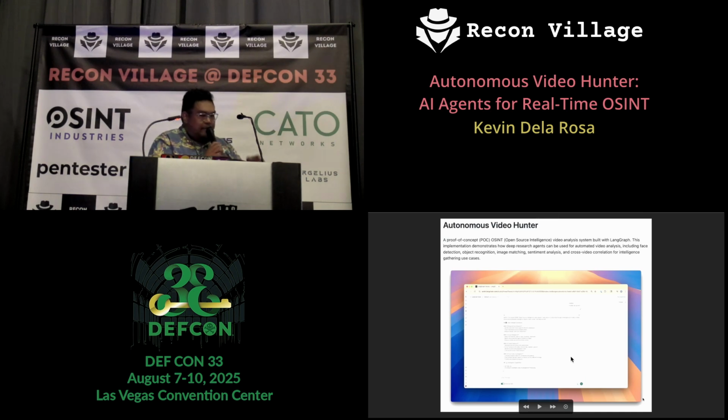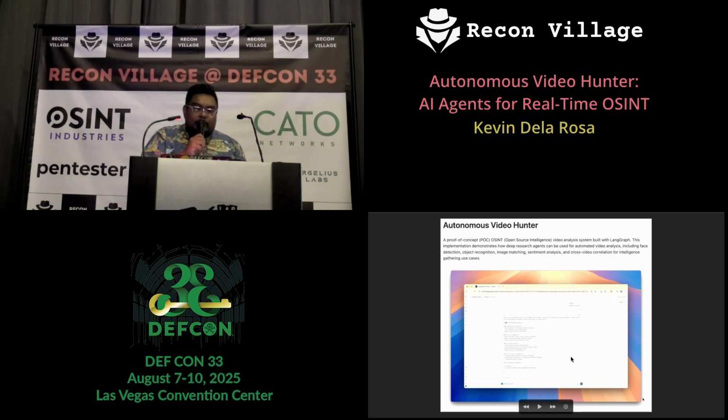The Autonomous Video Hunter is a proof-of-concept system that I built to help people play around with getting multimodal context into their agents or AI systems. You can think of it similar to something like Claude Code, which is a deep research AI agent, but instead of vibe coding a website, you're vibe coding an intelligence report using lower-level vision and audio analysis tools.